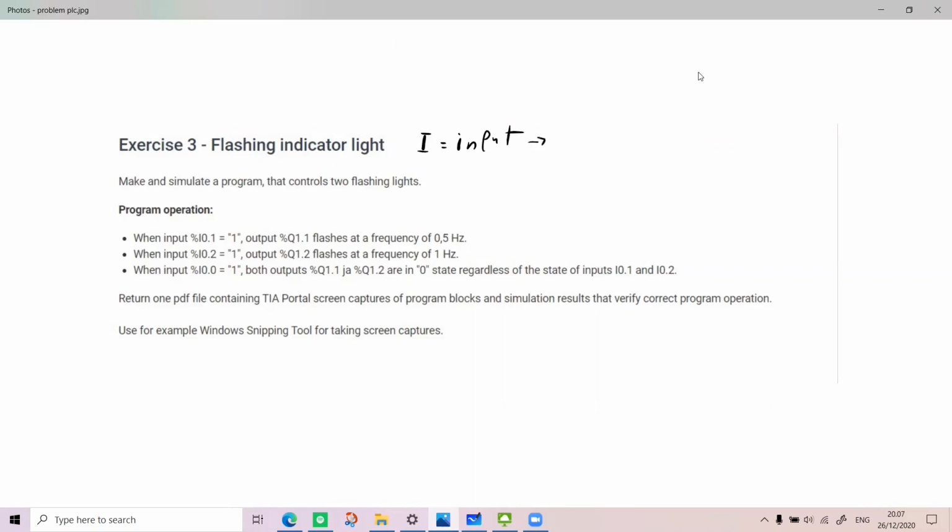Then the number coming after it, so we can see 0.1, 0.2, 0.0, is the location of the memory of where it is located, and its bit. We are not going to get into that. And it goes from 0 to 7. So for example, over here we have 0.0, and that cannot go up to 0.7.